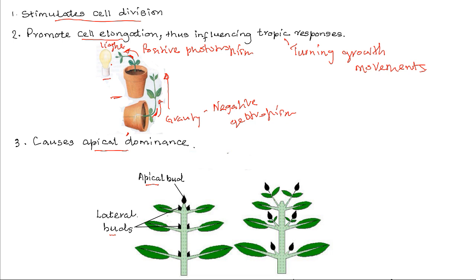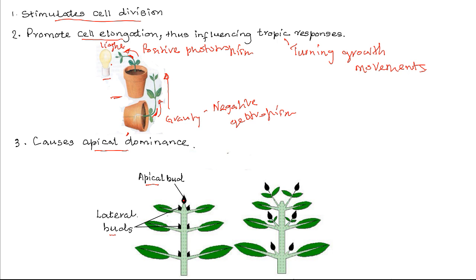So at high concentration, auxins cause apical dominance by inhibiting growth and development of the lateral buds. This apical dominance also includes suppression of lateral root growth by the main root. It occurs since the apical bud contains a high concentration of auxins which diffuse downwards.